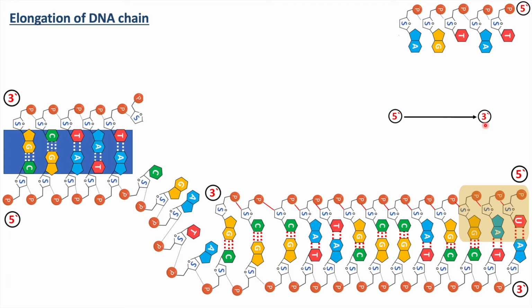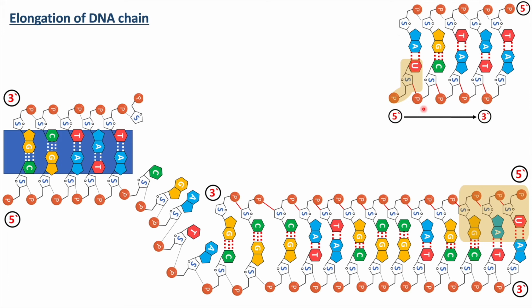Just as we saw before, the starting material will be provided by the RNA primer. So the RNA primer comes in, brings its own ribonucleotides, and then from here DNA polymerase will start extending the strand. So here it completes this DNA strand.